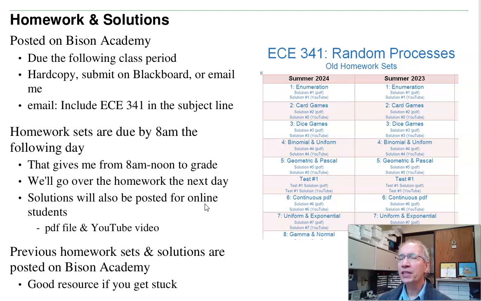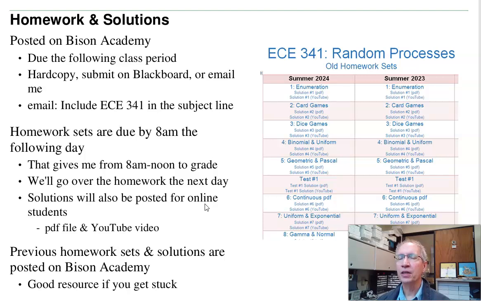Now, the problems change every semester, so don't just copy and paste, saying this is the answer from summer 2024. It'll be wrong, because I changed the problems. But the approach will be similar. I'm using t-test, chi-square test, z-transforms, Laplace transforms, and so on. The approach will be similar, use of MATLAB will be similar, but the problems are different.